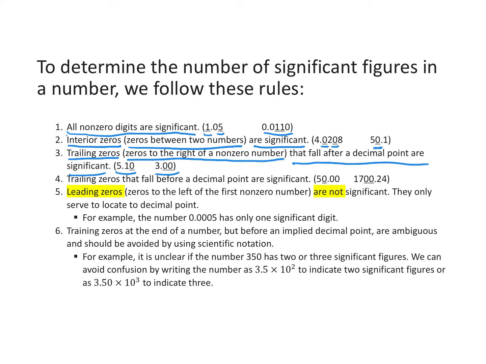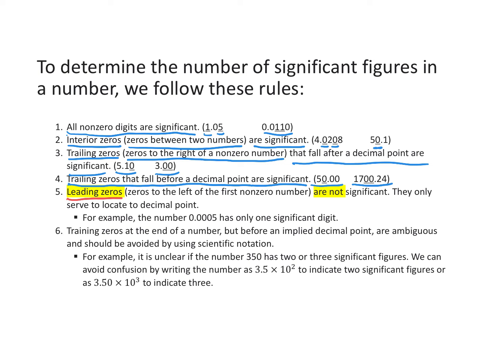So these zeros are significant, and we call those trailing zeros. Trailing zeros that fall before a decimal point are significant. For instance, 50.00 or 1700.24. These zeros are also significant.